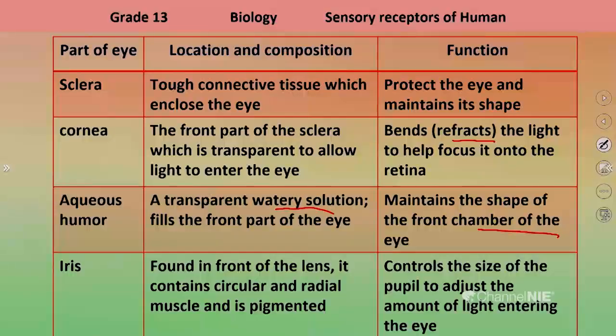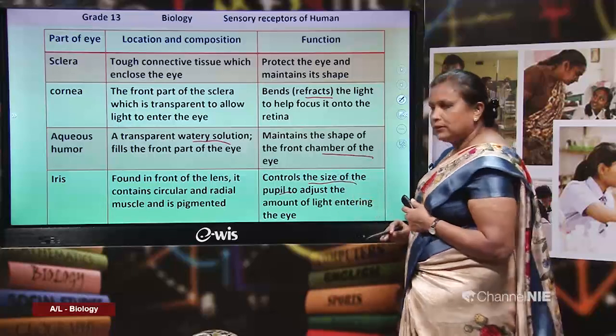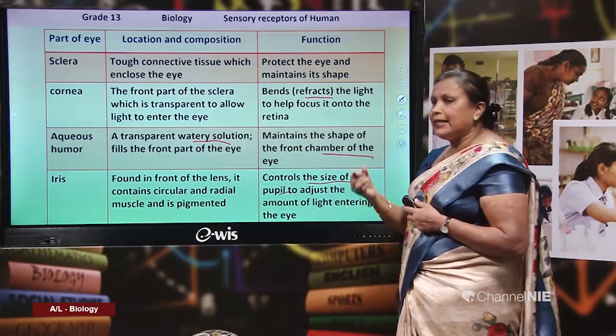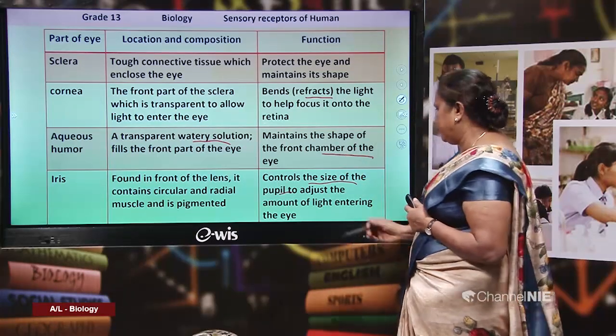Iris, found in front of the lens, contains circular and radial muscles and is pigmented, and controls the size of the pupil. This is very important to control the amount of light entering the eye.